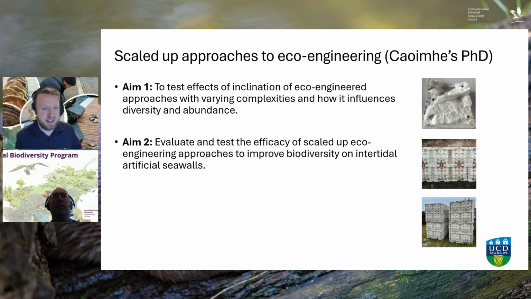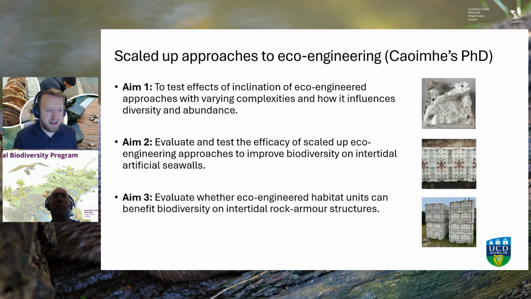She'll be testing the inclination of eco-engineered approaches with varying complexities and how this influences diversity and abundance, evaluating the efficacy of scaled up eco-engineering approaches using these special blocks along the intertidal and artificial seawalls, and evaluating whether these engineered habitats can benefit biodiversity on the intertidal rock armor structures. So it's those bigger, bulkier blocks that you saw along the coast, usually going out to the lighthouse along the wall, using these bigger blocks instead to give some complexity for biodiversity.